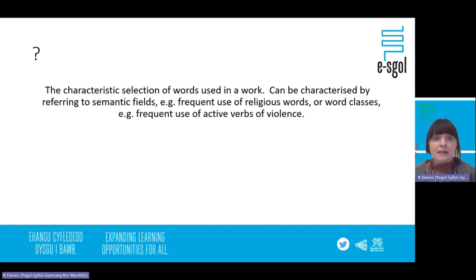You've also got the selection of words that are used by the playwright, used by the dramatist, that allow us to look at a certain element or a certain angle. It could be frequent use of religious words, or active verbs of violence, or exclamations of love, quite possibly.